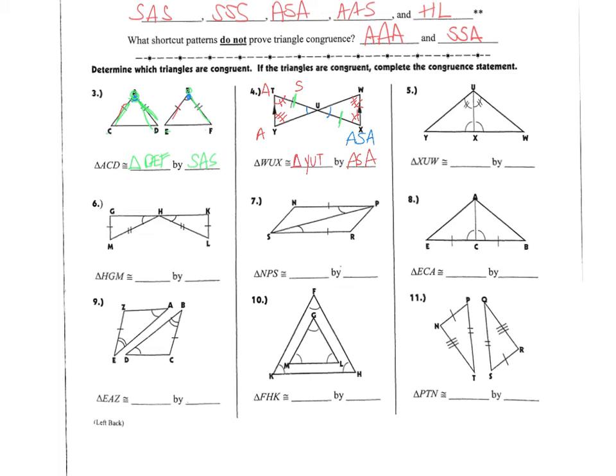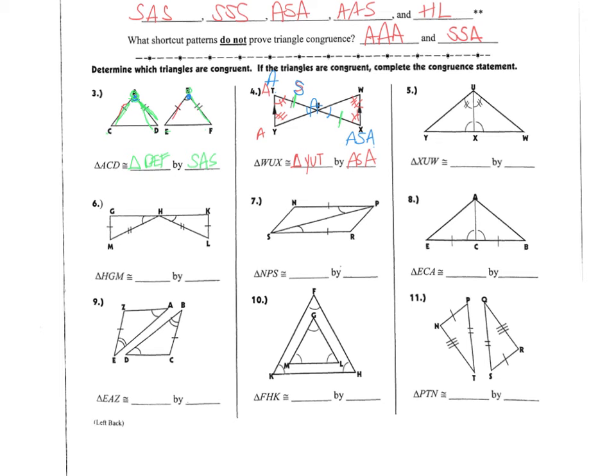So if we look at this for the blue here, if you went with vertical angles, you would have an angle, a side, and an angle.